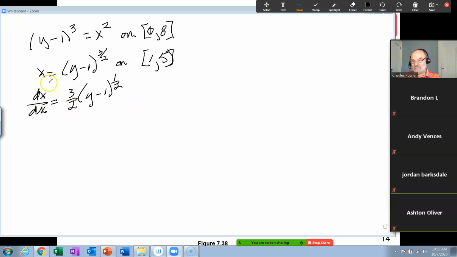So if you square this and square this, what you get is 9/4, because you square that numerical part, times y minus 1. Hey, that didn't come out too badly.